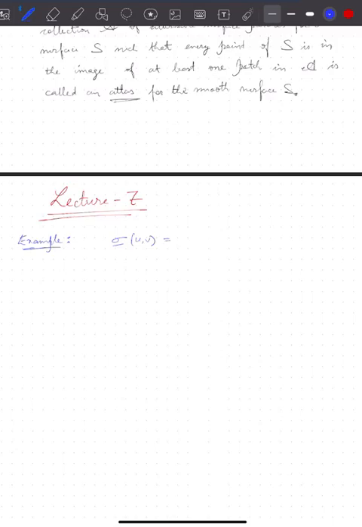Before that, let's say a plane is given by sigma of u, v equal to A plus u times P vector plus v times Q vector, where P and Q are unit vectors and are also orthogonal to each other, and A is some fixed constant vector which lies on the plane.